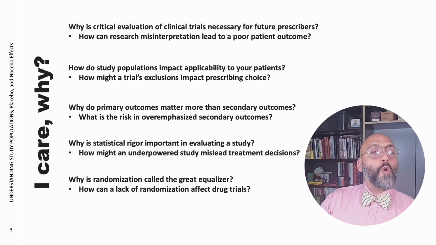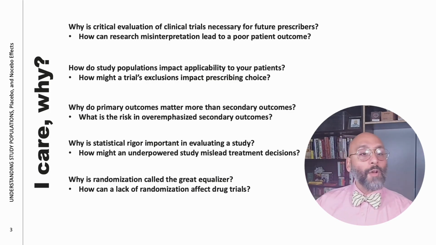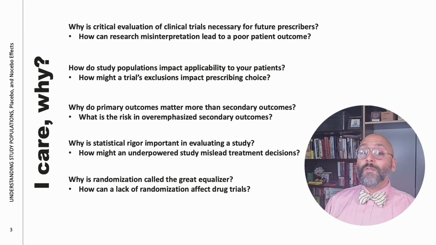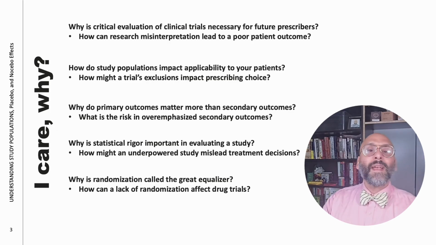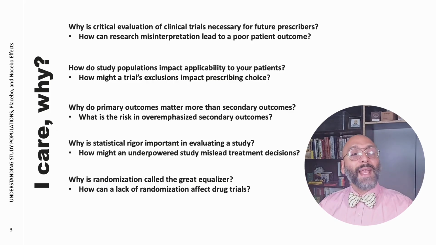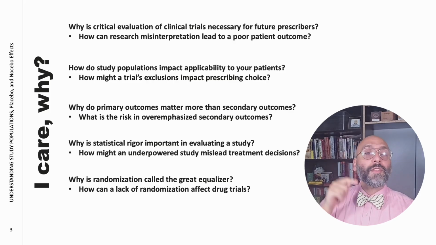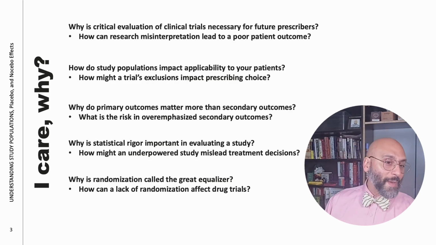If you overvalue a secondary outcome, you may expect benefits that the drug has never proven to deliver. And if you don't recognize weak statistical power, you may abandon treatments that actually help, or adopt ones that don't. So every one of those errors can look reasonable on paper and still lead to worse patient outcomes.